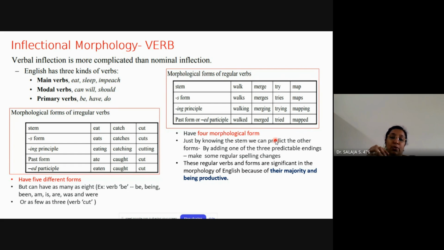We talk about the plural, the continuous form, and the past form or participle. Whereas when it comes to irregular, you make a lot of changes. Here, just by adding s what happens, ing what happens, and past tense ed what happens. Whereas with the irregular form, you have a lot of changes to be made. So when a lot of different changes have to be made, we go in for having more rules.